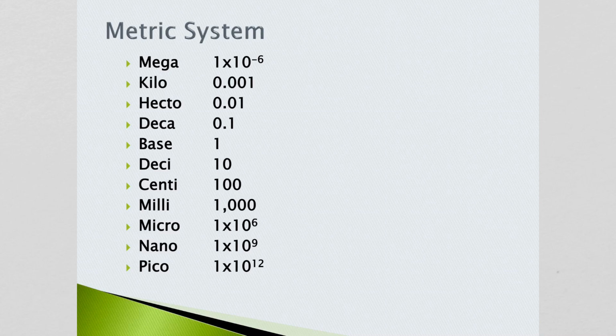And this system is predicated on the base always having a value of 1 and all the other metric prefixes being related to that idea of the base being 1. So for example, if we're talking about meters, this would mean that 1 meter would be equal to 1 times 10 to the negative 6th megameters.